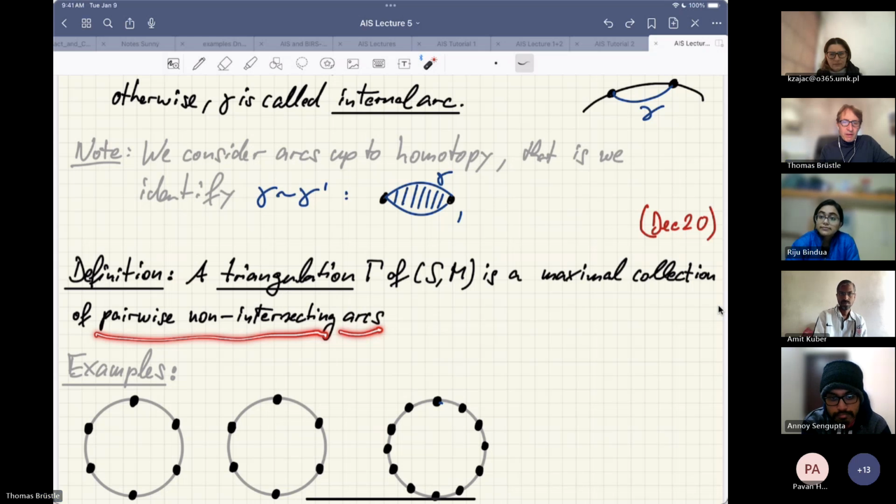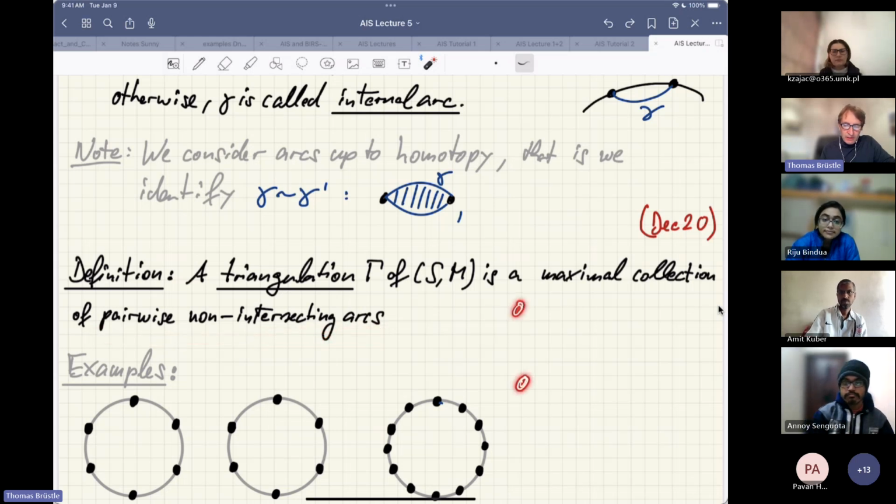Two arcs are not allowed to intersect in the interior. They might meet at their endpoints at the marked points. They can join; I would not call this an intersection.